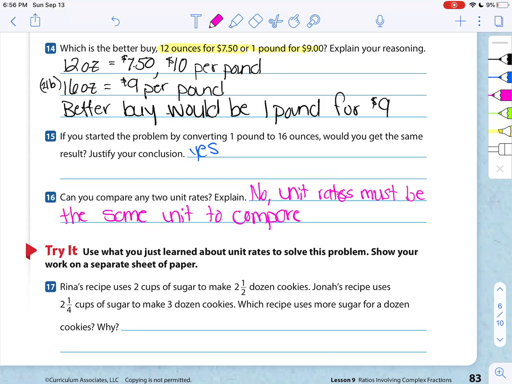But if your two units are different, like in this problem we had ounces and pounds, those two are different. We had to convert one to the other before we could compare it. Or if you had inches and feet, we can't compare inches and feet. But if you convert so that they're both feet or they're both inches, that's when you can compare them. Go ahead and highlight number 17.